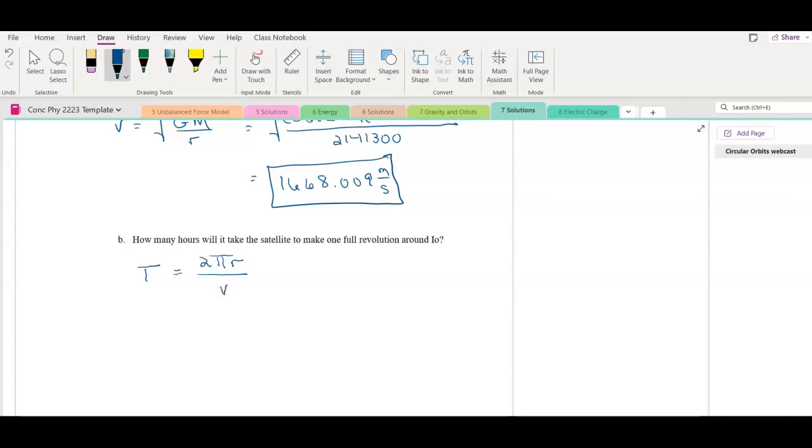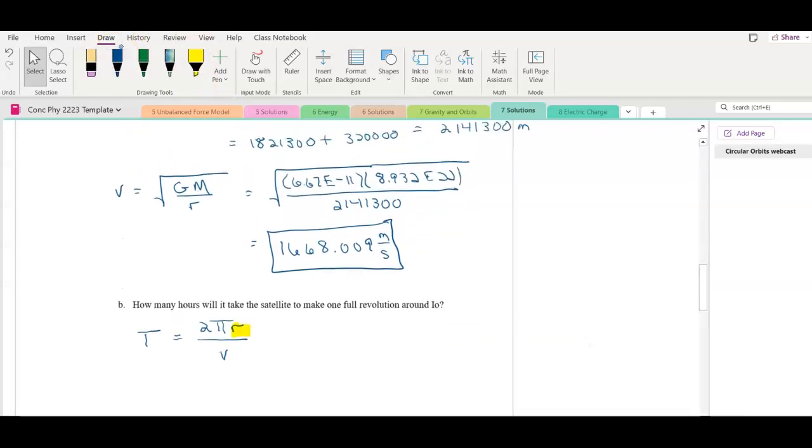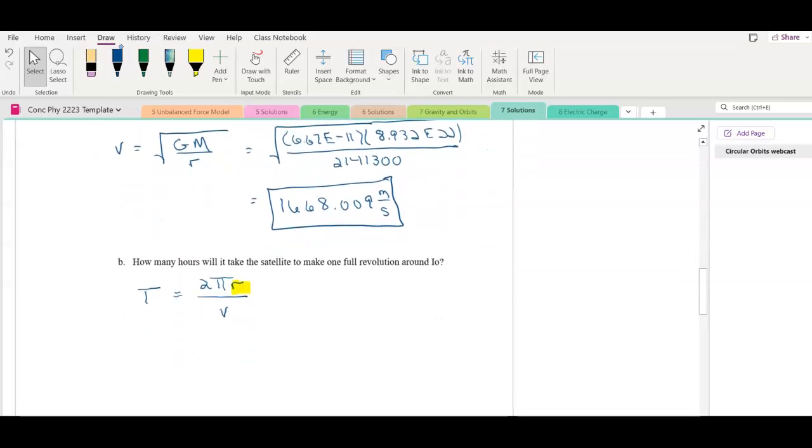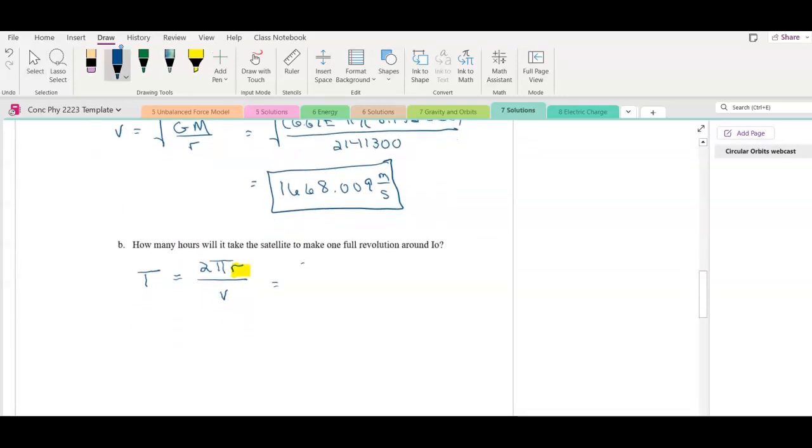So here the radius of the orbit is the orbital radius that we calculated up above. So 2 pi times that orbital radius is the total distance that the satellite has to go, and it's moving at the velocity that we just found.